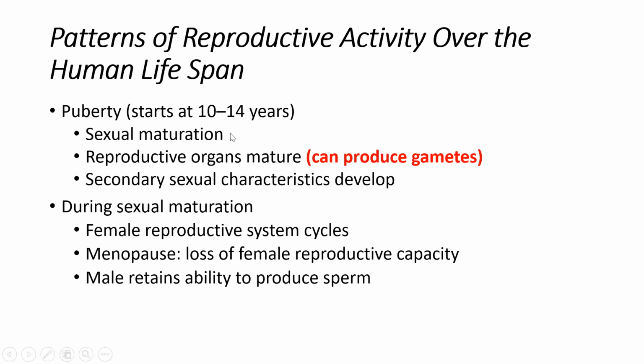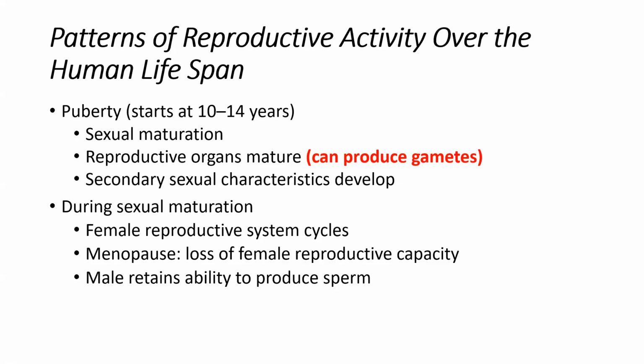And that is thought to be becoming more prevalent in recent times, and that may be associated with several environmental factors. But typically, puberty should start anywhere from 10 to 14 years. We also have the sexual maturation happening.